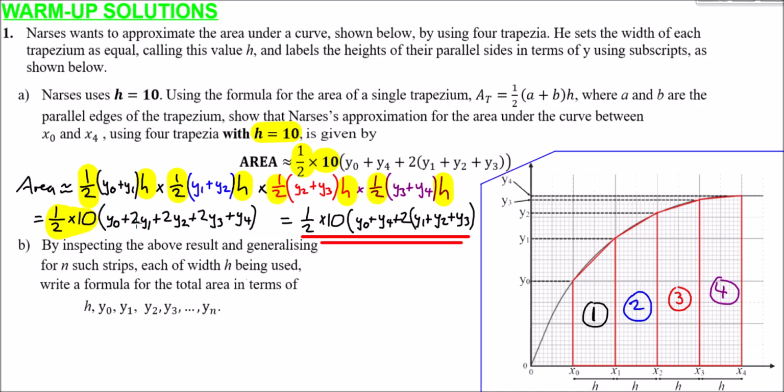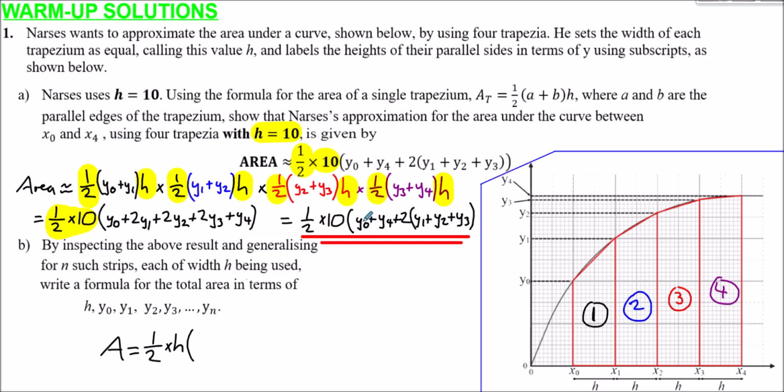For part B, let's try and generalize this so we can get a general result for n strips, each of width h being used. Let's get a formula for the total area, or an approximation I should say, to the total area in terms of h, y0, y1, y2 and so on. Well, if we look here, if we go for a general width h, well, in our specific case, our h was 10. So to generalize, instead of being half times 10, that just becomes a half times h.